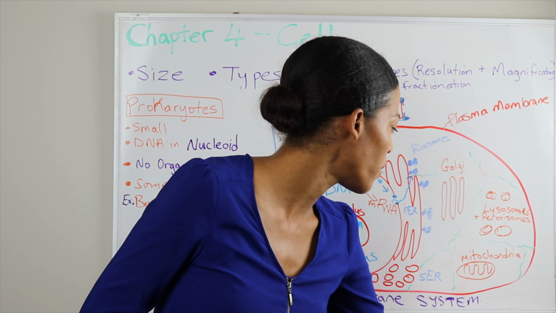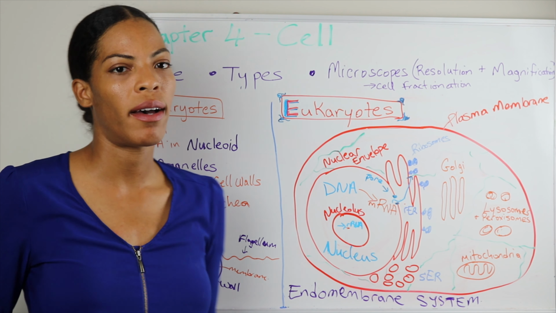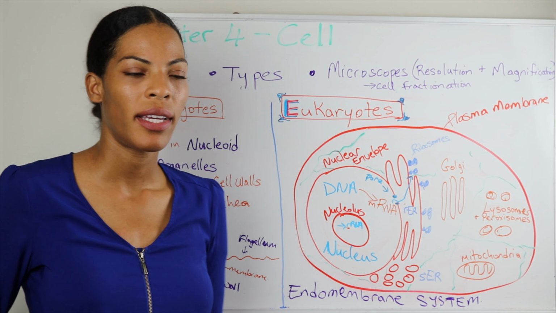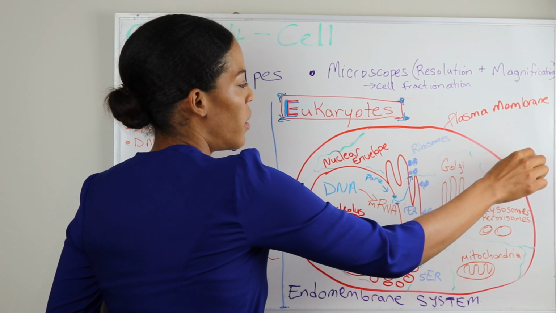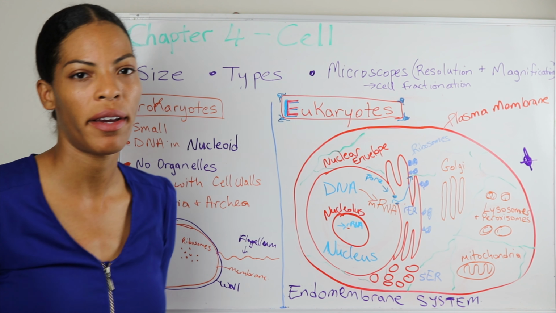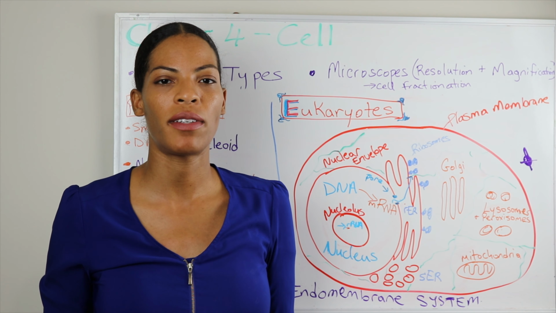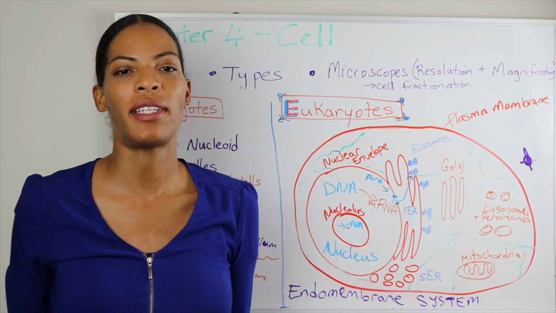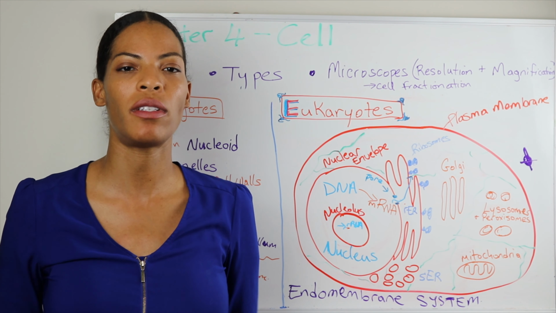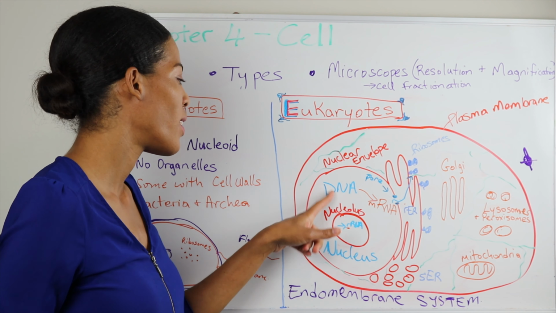So let me give you an example here. Let's say a protein is produced, and that protein, you want it to end up outside of the cell. So if a protein is going to be produced, it has to first start from the message to produce this protein. So where would you find this message? You would find it in the nucleus.